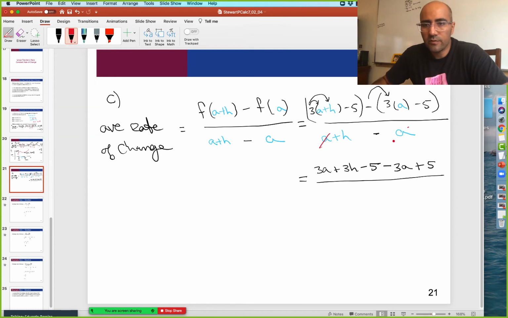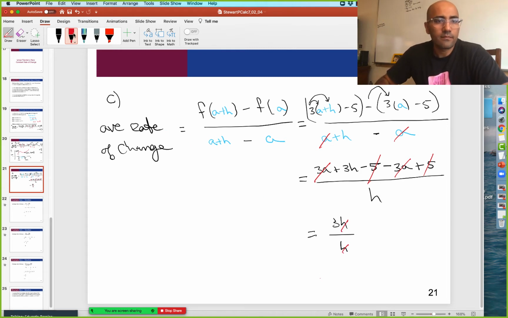This one cancels with that one. While we're at it, this one's going to cancel with this one, and this one's going to cancel with that one. So in the denominator, I'm left with just an h, and in the numerator, the only thing that survives is a 3h. It would be 3h over h, and now the h's cancel, and we're left with just 3.